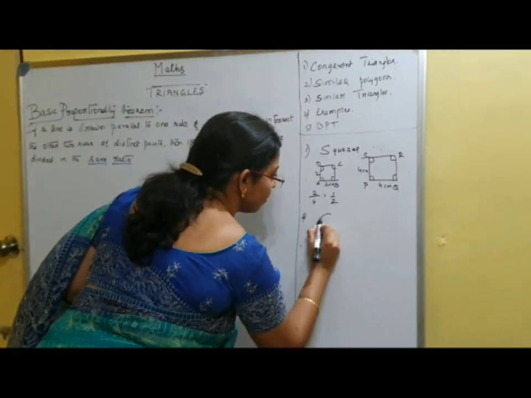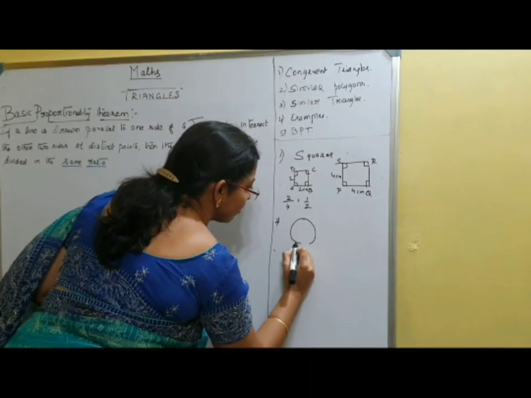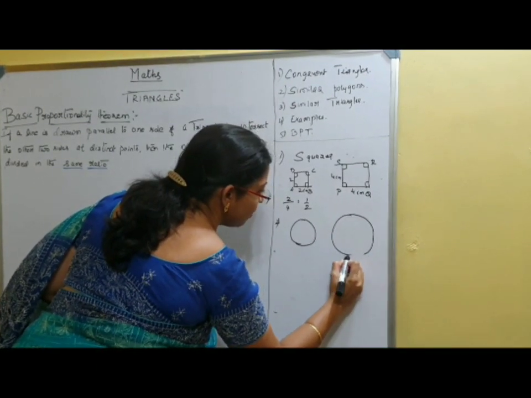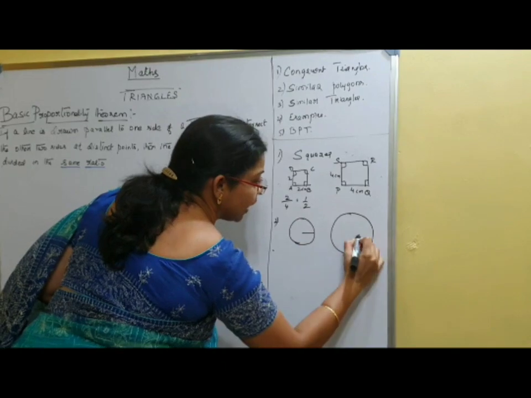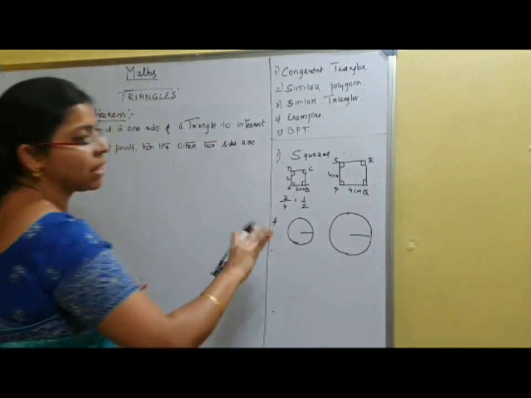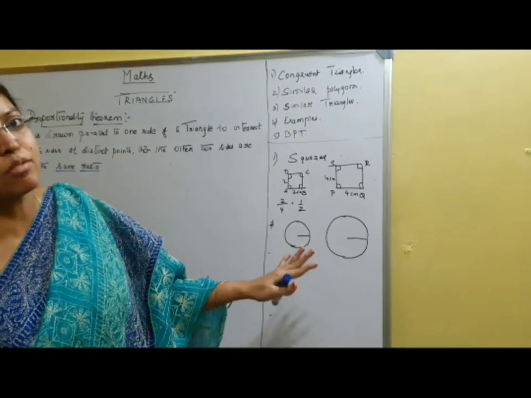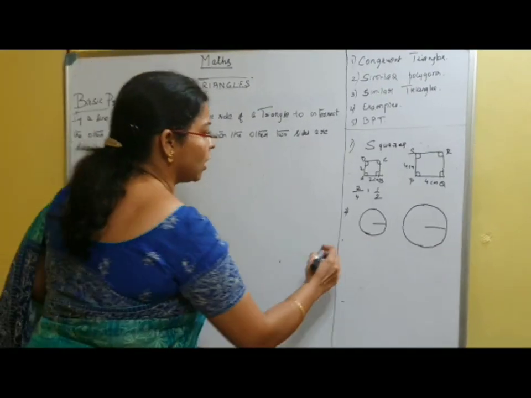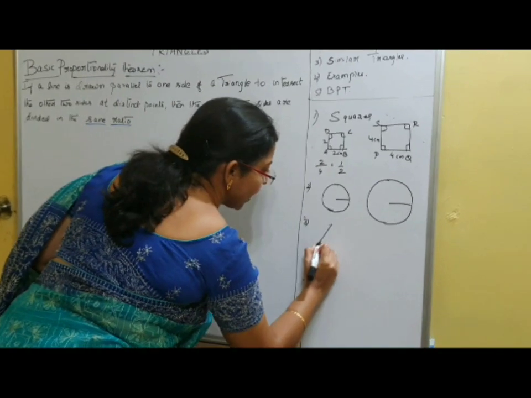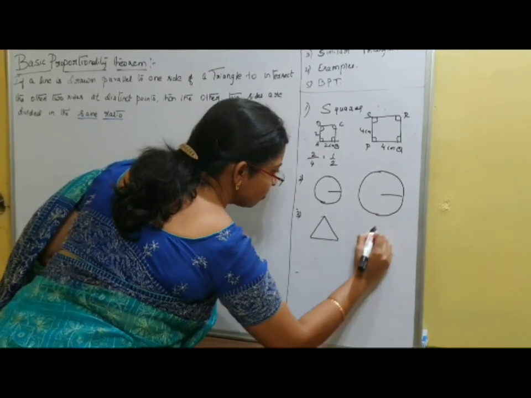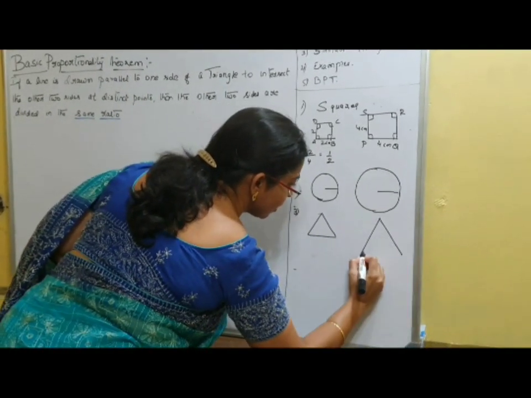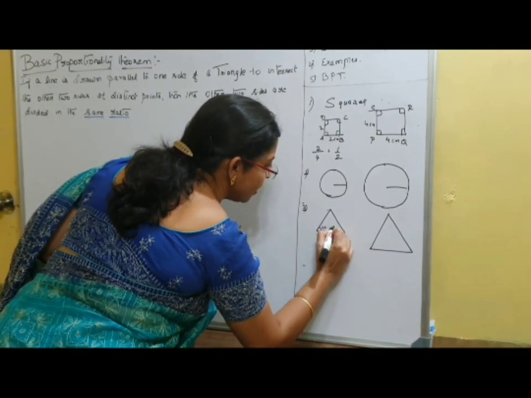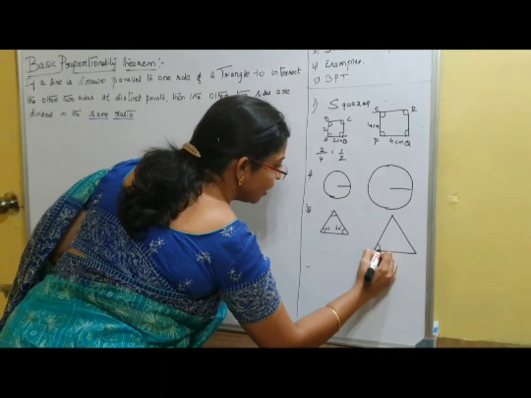What about circles? They are always similar because the radii can change but the shape cannot change. The size of the circles varies based on the radii but the shape will never change. What about equilateral triangles? Angles in an equilateral triangle are always 60 degrees.